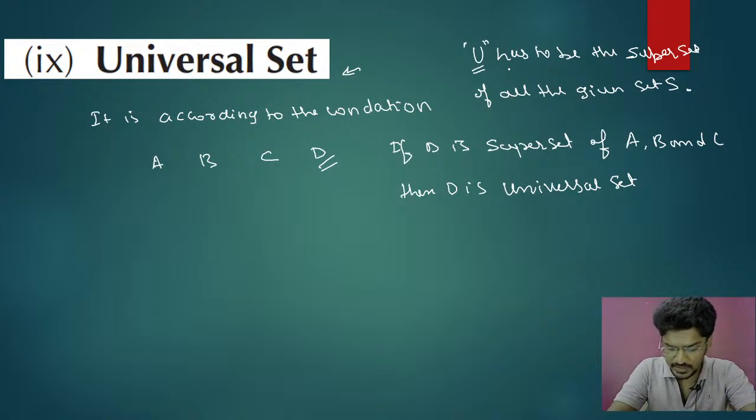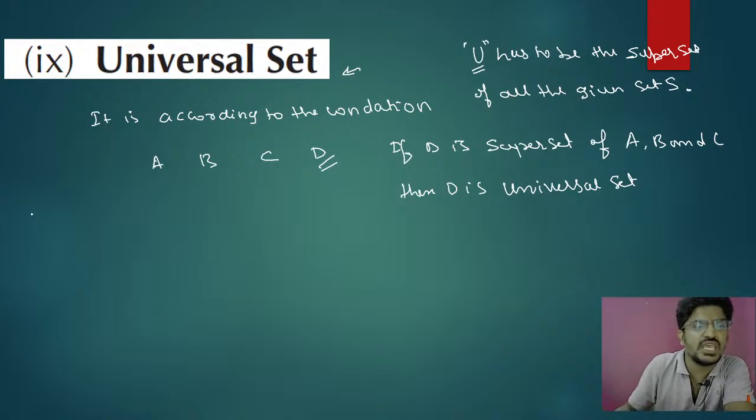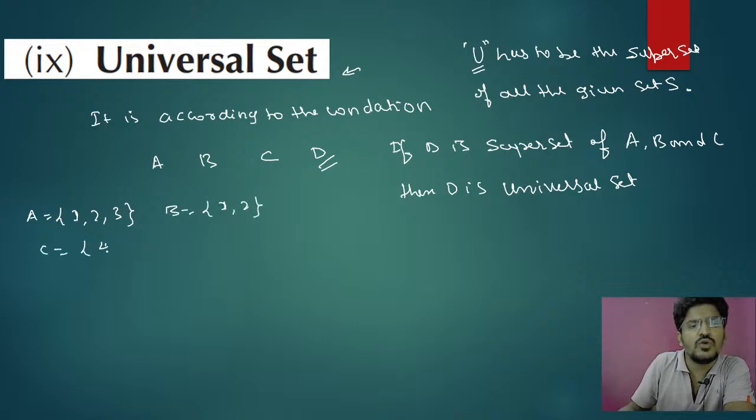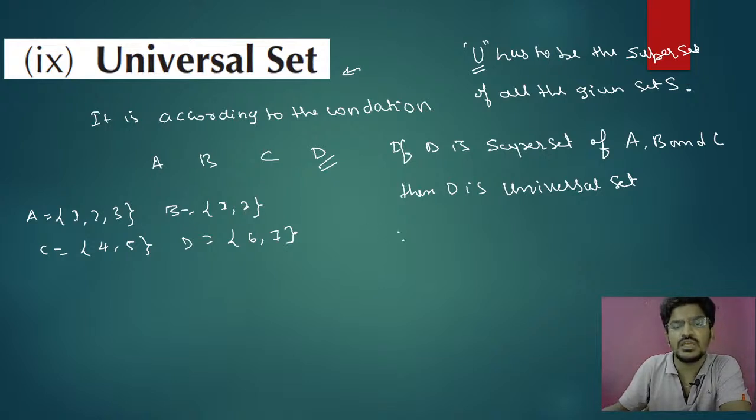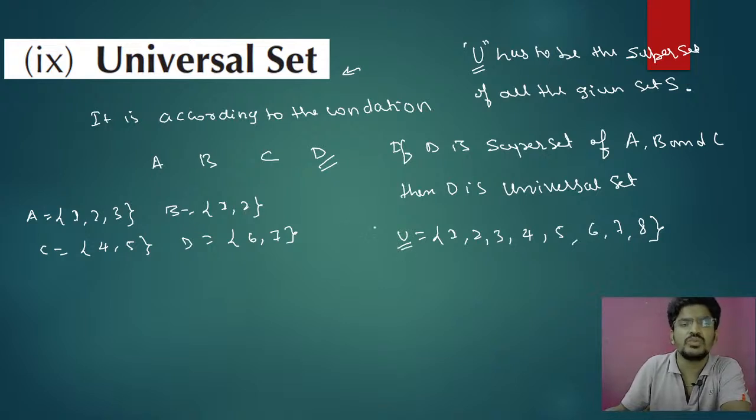Clear? For example, say here A equal to {1, 2, 3}, B equal to {1, 2}, C equal to {4, 5}, D equal to {6, 7}. Now I will write U as {1, 2, 3, 4, 5, 6, 7, 8}. Now you can see here, U is going to be the superset of all these sets.